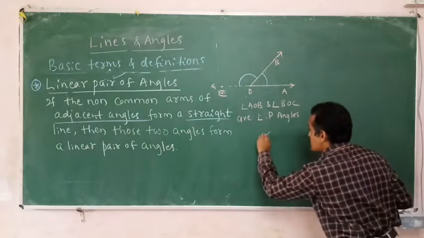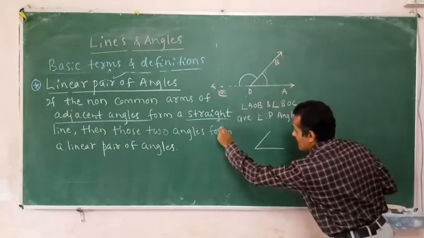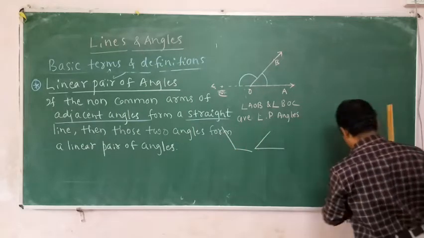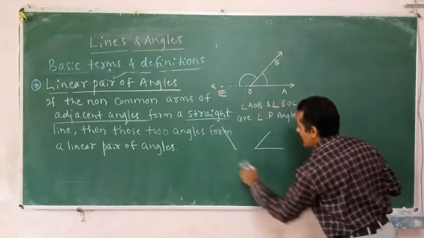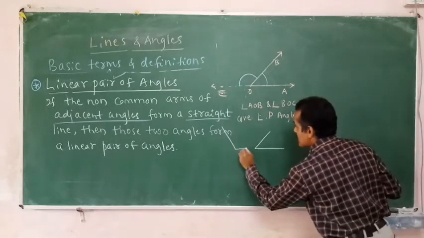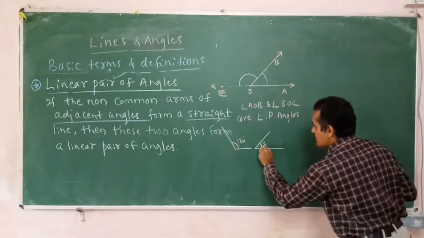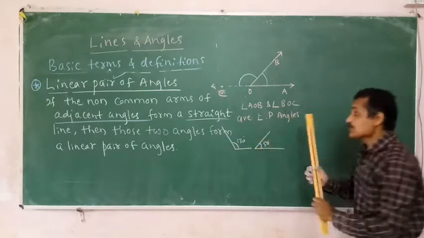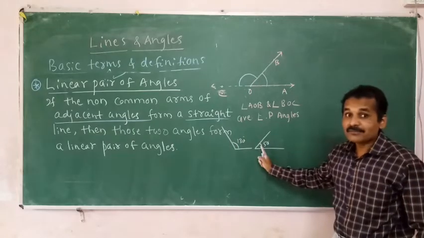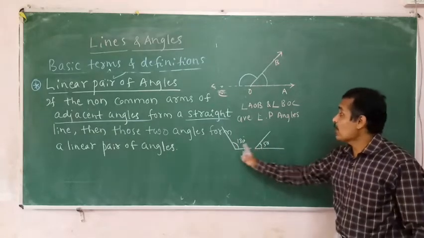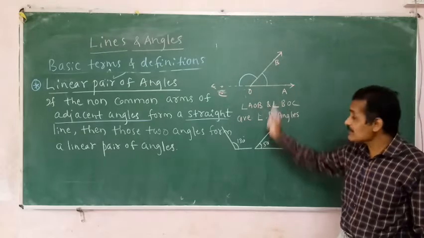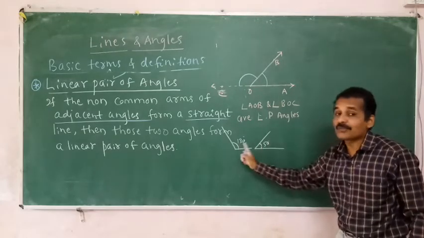You can draw like this. See, this is the first angle and this is the second angle. You can draw like this also. Say somewhere this is 130 degrees, somewhere this is 50 degrees, the sum is 180. So this is also a supplementary angle. But these are not forming a linear pair because they do not have a common arm.